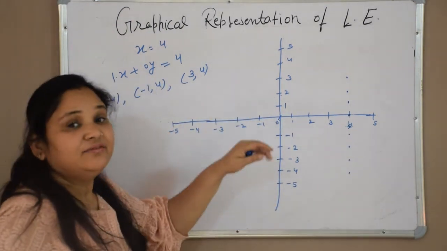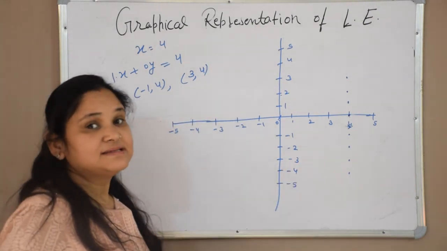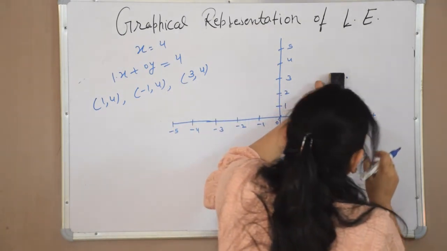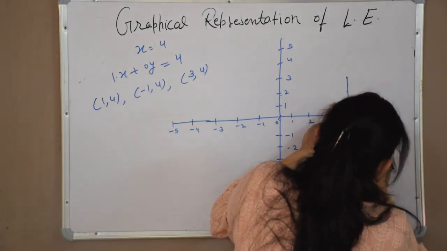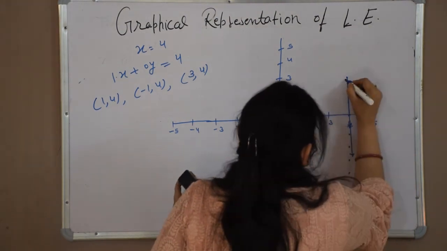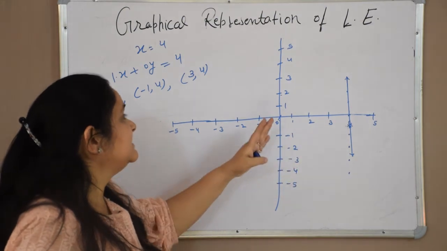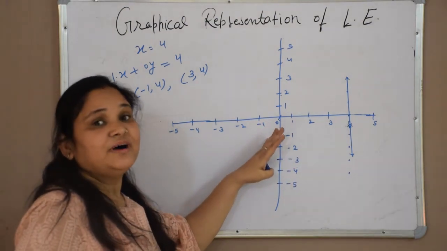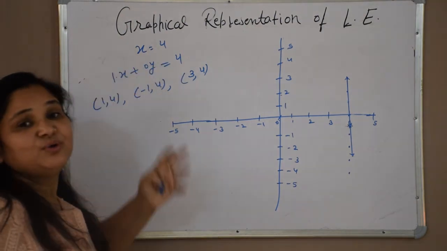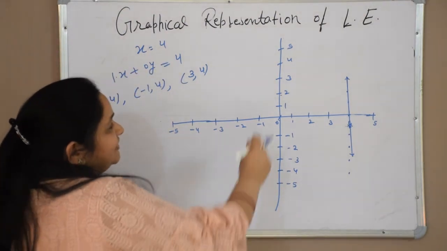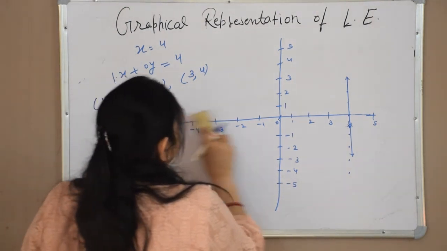For each and every value of y, it is giving the value as 4. x is always the same. We just join all the points, and we can say that it is again a straight line, but this straight line is always parallel to the y-axis. So whenever x is equal to 4, or x is equal to any constant, the line will always be parallel to the y-axis.